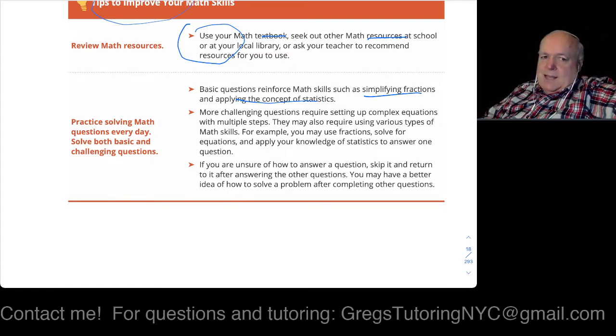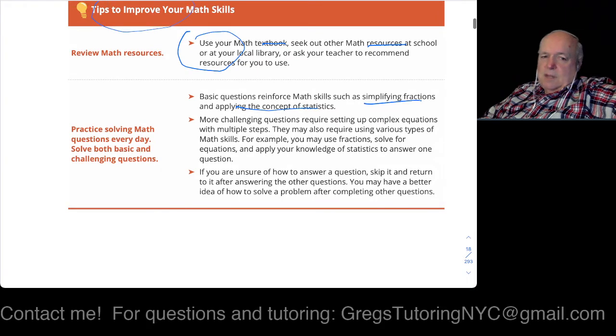And that's what makes the SHSAT different than, say, the New York State math test. The New York State math test is mainly testing your rote abilities and your computational skills at a certain level, and your knowledge.